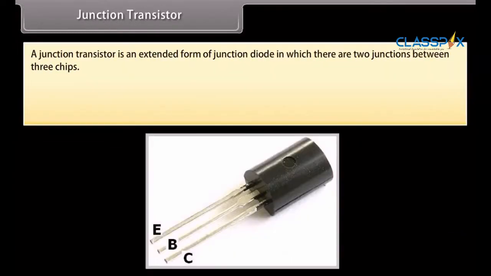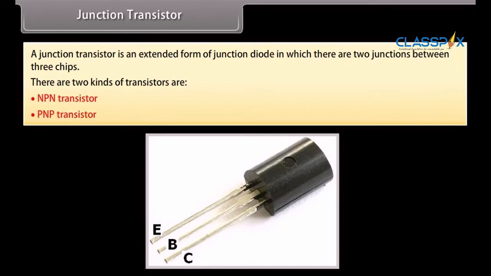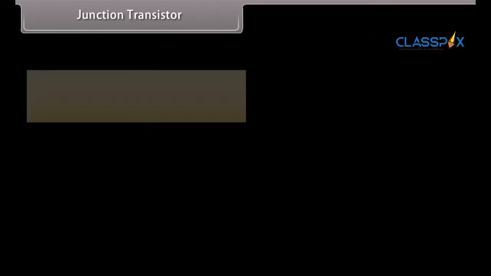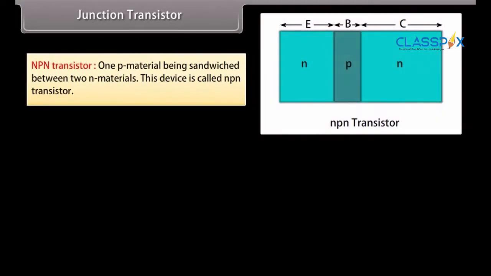Junction transistor. A junction transistor is an extended form of junction diode in which there are two junctions between three chips. There are two kinds of transistors: NPN transistor and PNP transistor. In an NPN transistor, one P material is sandwiched between two N materials.